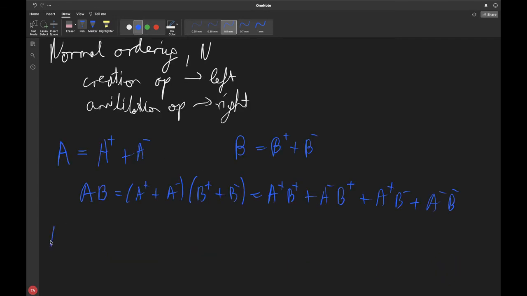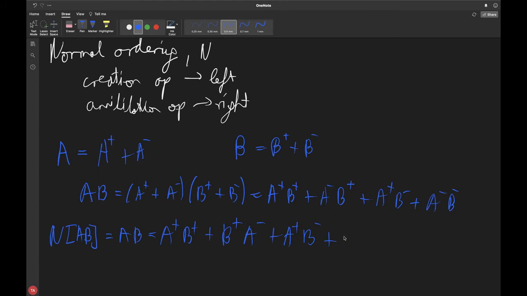So if I apply the normal ordering operator to this, I get N of AB, and that's the same as A plus B plus plus. Now this is going to be different, right? Because I have to swap these two, so that's going to be B plus A minus plus A plus B minus. That's fine.